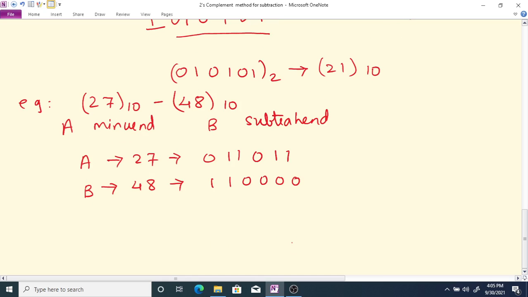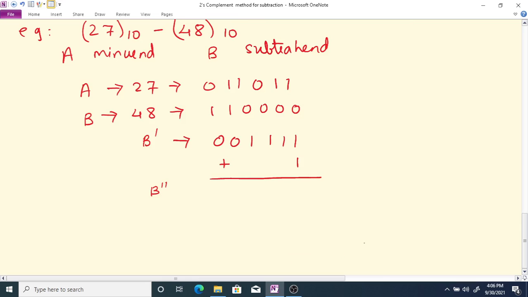Now in this case we have to find B dash, that is 1's complement of 48. We will get 001111, and by adding 1 to this B dash we will get B double dash, that is 2's complement of 48. So here we will get 010000.